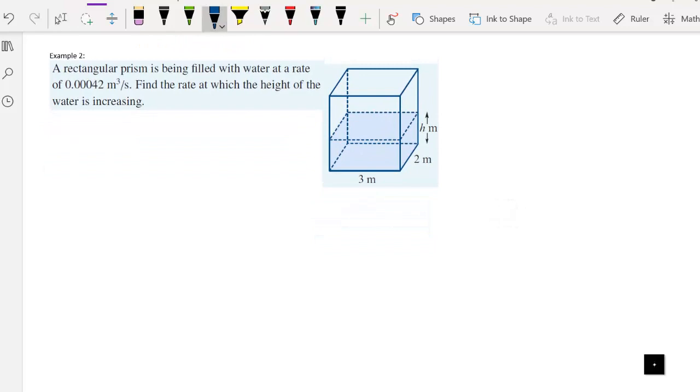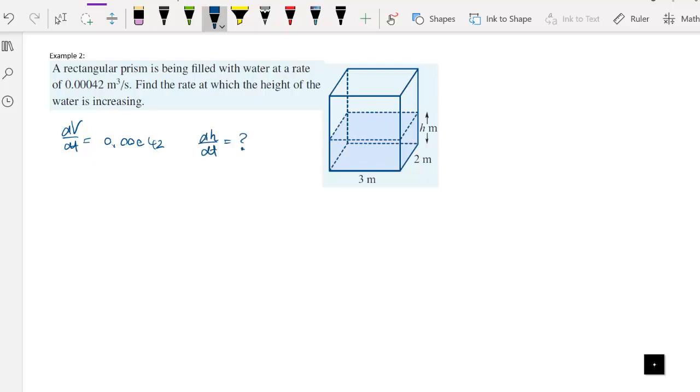When we look at example 2, we're again given a rate. So a rectangular prism is being filled with water at a rate of 0.00042 meters cubed per second. So that means that we're filling at a rate that's a volume, dV/dt is equal to 0.00042. We want to find the rate at which the height of water is increasing, so we're trying to find dH/dt.